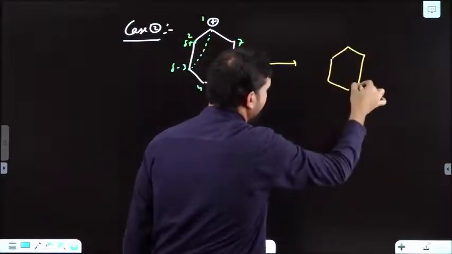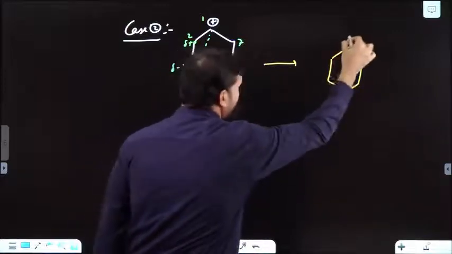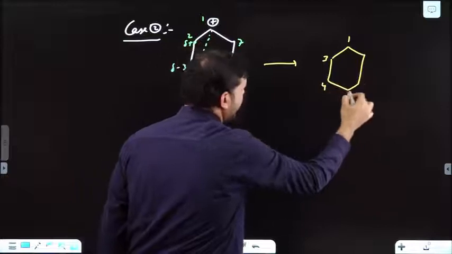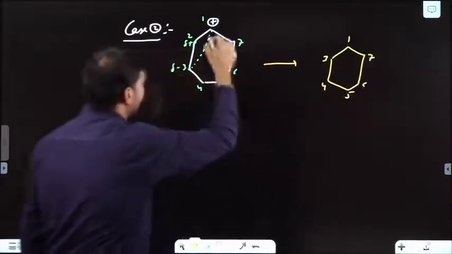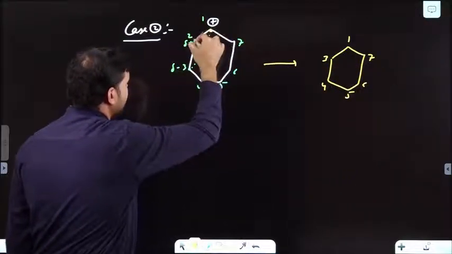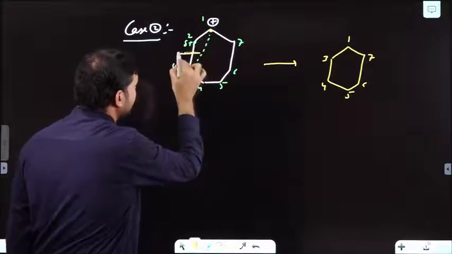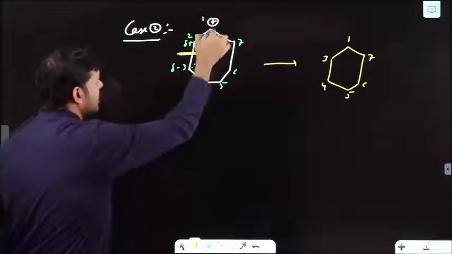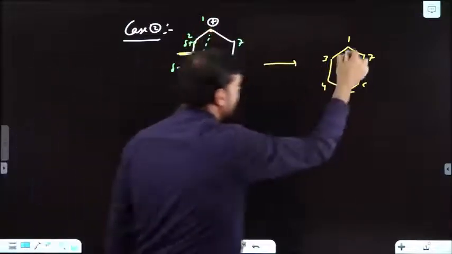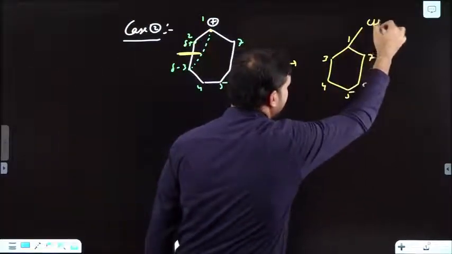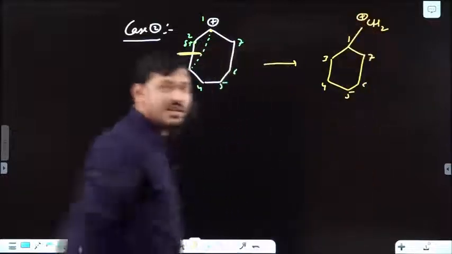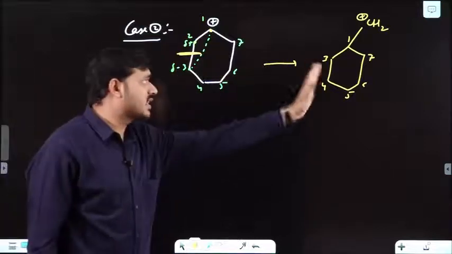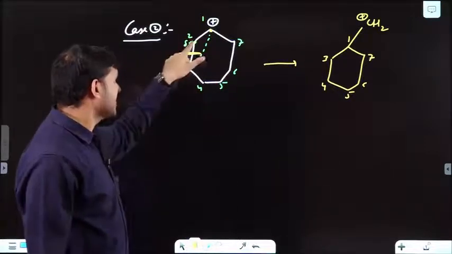You will make a 6-membered ring first of all. So what did you do? You joined 1 with 3, and 4, 5, 6, 7. Now from carbon number 1, this is outside. How? You broke this bond such that it is 2, it is 3, having the delta negative part. So this carbon is having CH2 plus. Clear to you? So from ring contraction you made this carbocation. The plus charge comes here, right?